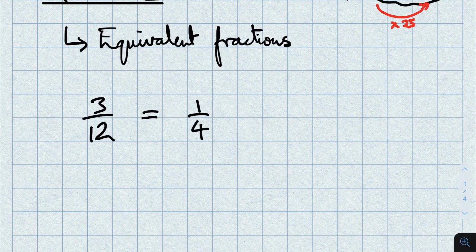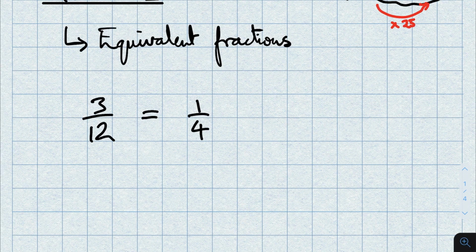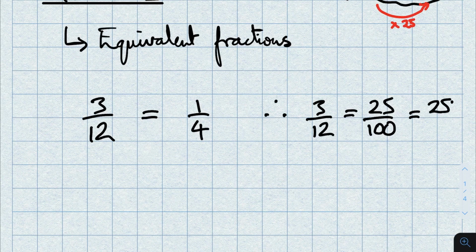And so 1/4 is the same as 25%. You may already know that. And so as soon as you've got to a quarter, you might therefore think, therefore, 3/12 is the same as 25 out of 100, which is the same as 25%.